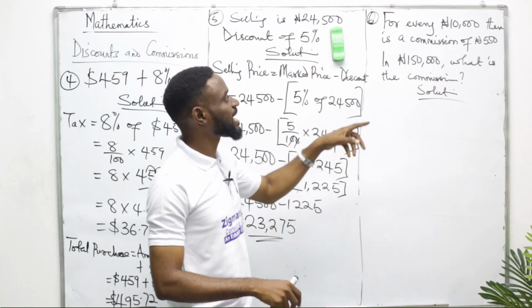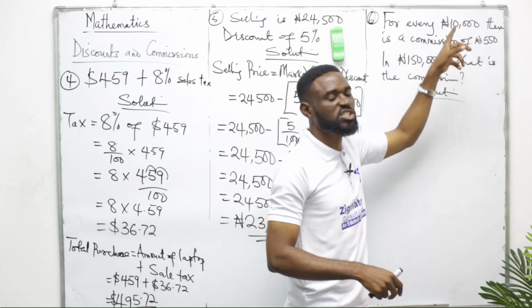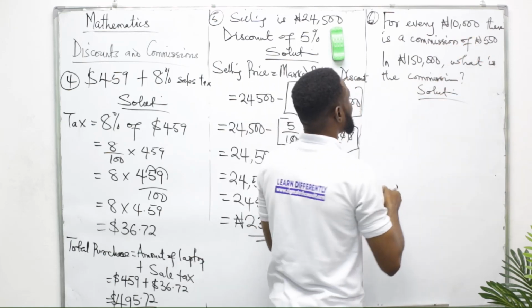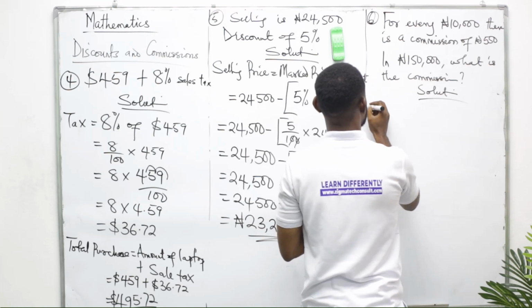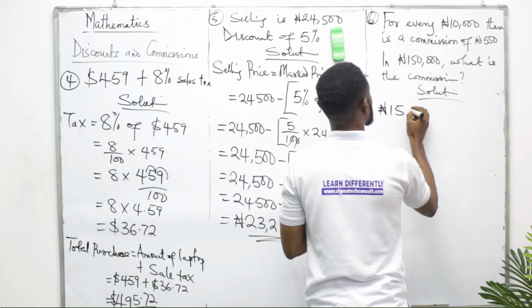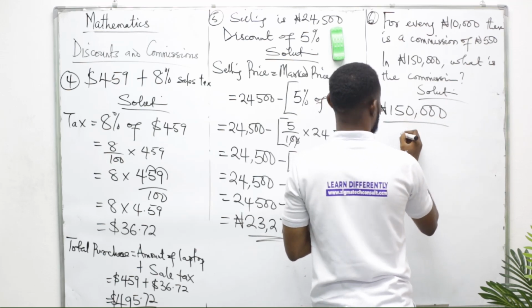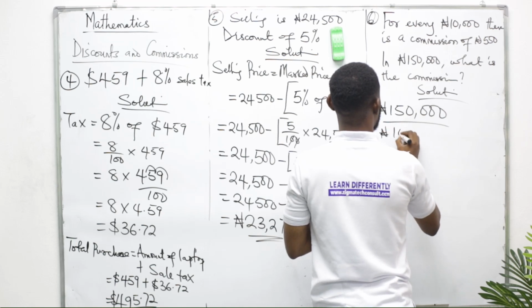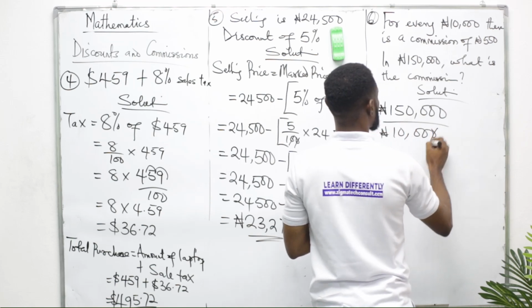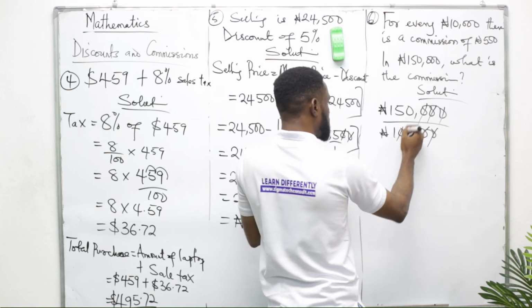So in 150, how many 10 do we have there? Remember, this commission 550 goes for each 10, each 10, each 10. So it means that 150,000 naira divided by 10,000 naira. So this removes this, this removes this, this removes this.